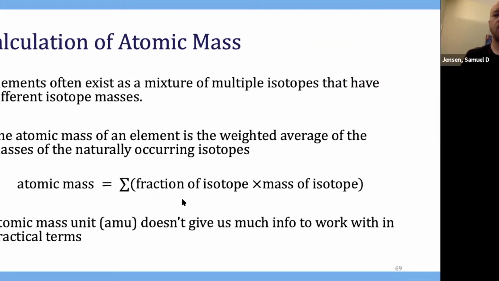Each isotope found in nature is relatively constant, so the percent abundance of each of those isotopes is weighted times the mass of that isotope in order to get the atomic mass you find on the periodic table. This is why you see decimal place weights.